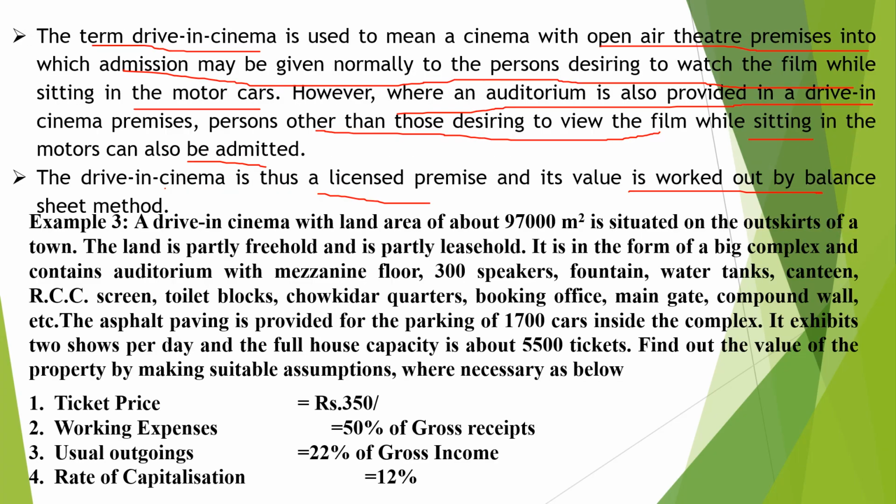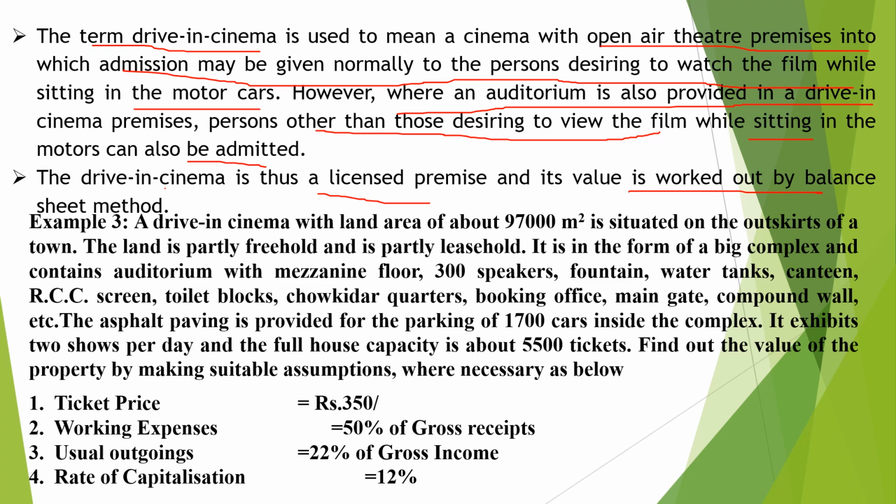First one is: given a drive-in cinema with a land area of about 97,000 square meter, situated on the outskirts of a town. The land is partially freehold and partially leasehold.